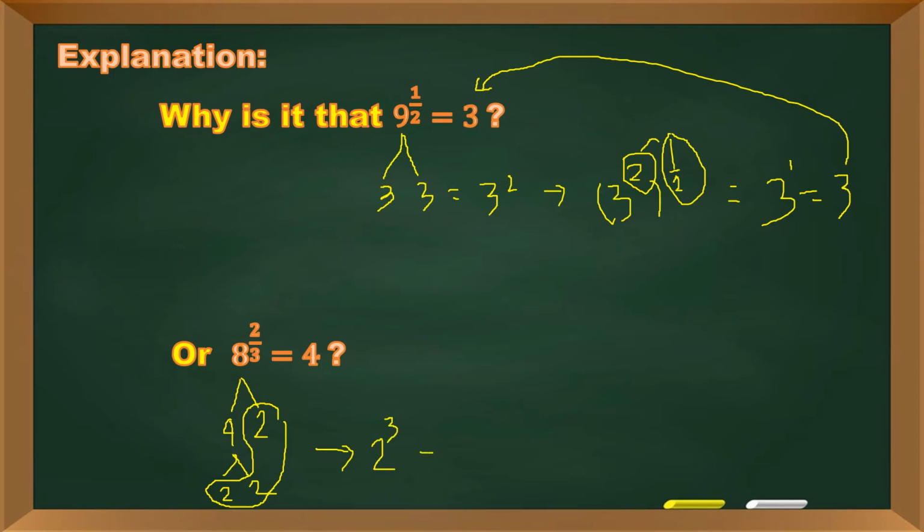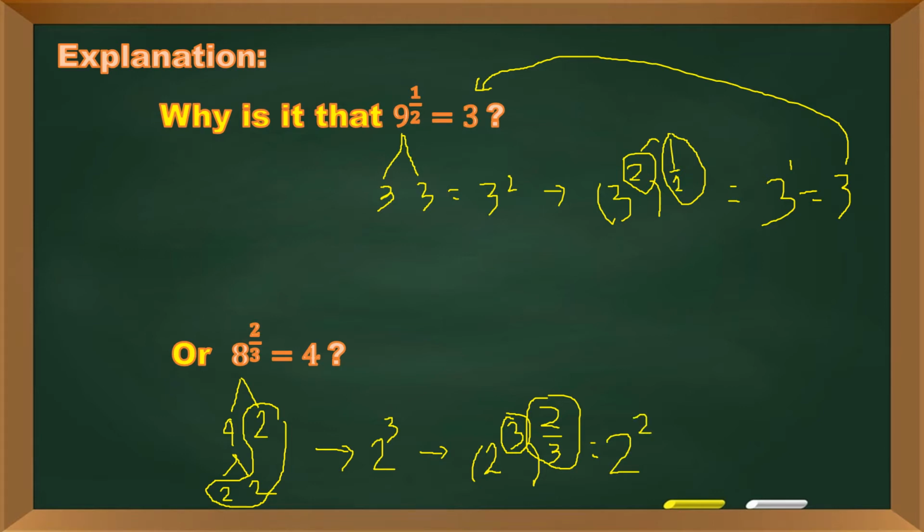So therefore, 8 raised to 2/3 is 2 raised to 3, raised to 2/3. And when you multiply 3, which is the power of 2, and 2/3, you just have to multiply the numerators. 3 times 2 is 6 over 3. 6 over 3 is 2.